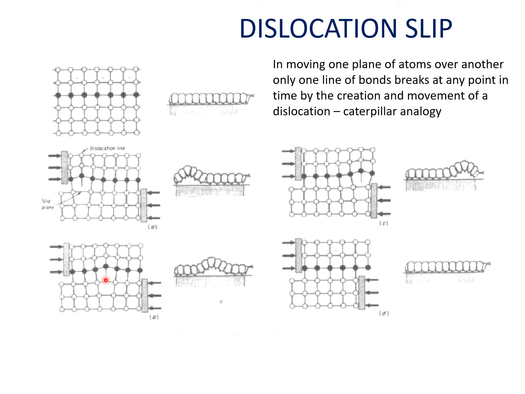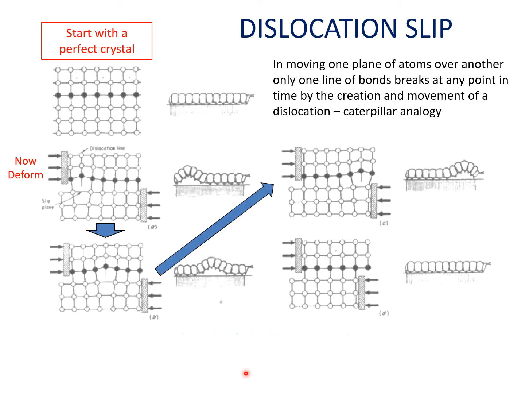So if you have a finite force available to you, you can just keep moving a little bit at a time, and eventually you go from this position to this position. That's typically what happens in the movement. We start with the perfect crystal, we start to deform, and we go from there to there to there to there. So that's the simplest way to think of dislocation slip.